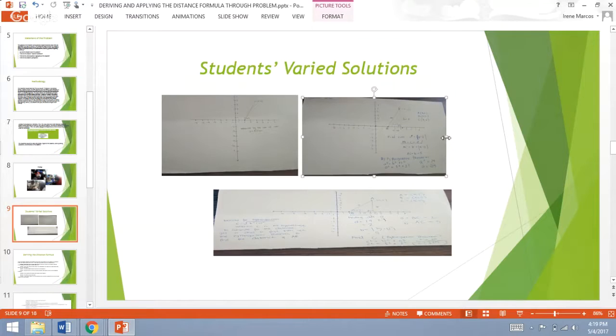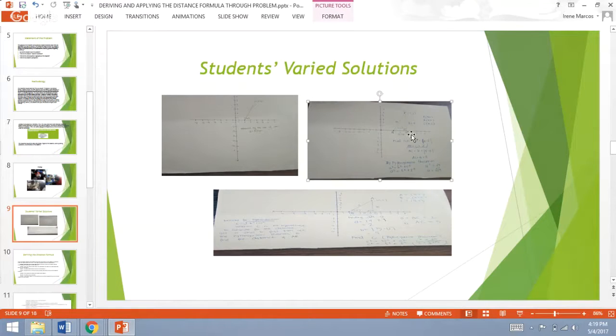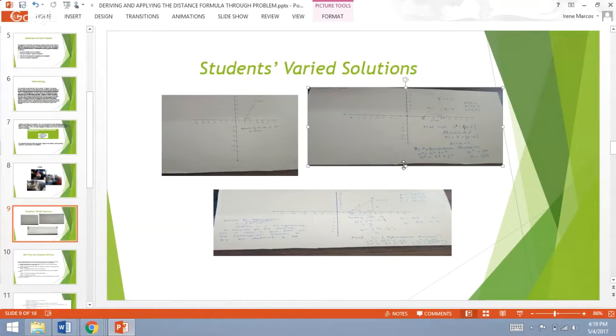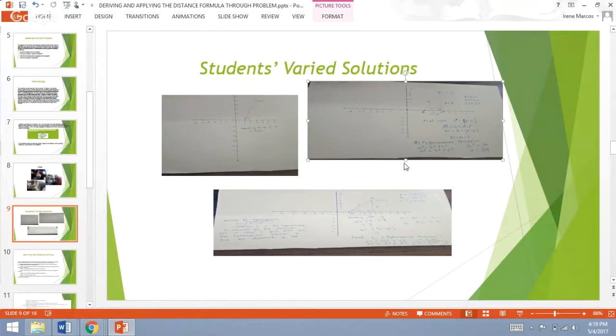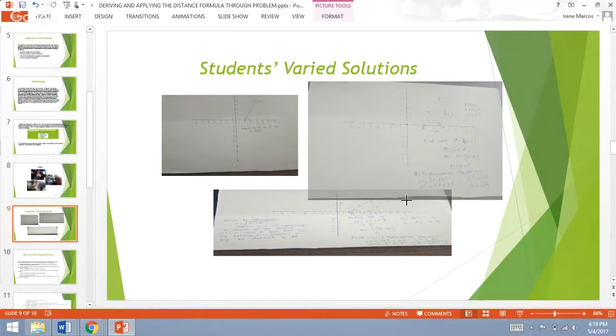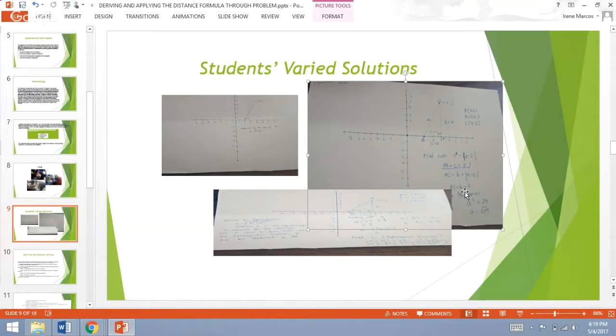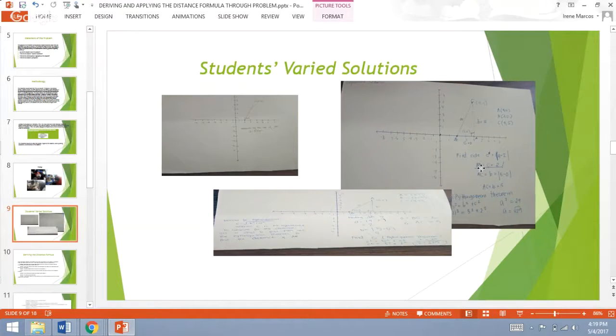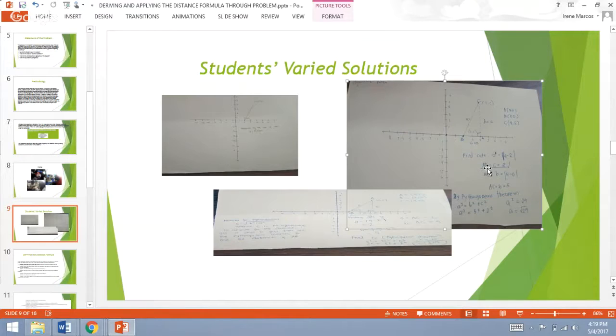But in the second picture, on the right side, they drew a right triangle. The student used their prior knowledge about the distance between 2 points, not in terms of x and y. First, the student found the distance AB, which is the absolute value of 4 minus 2.